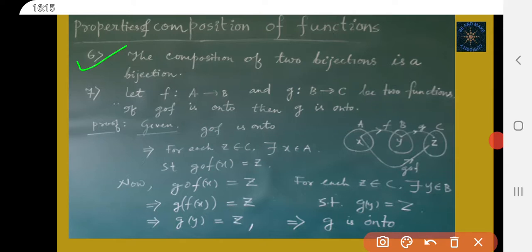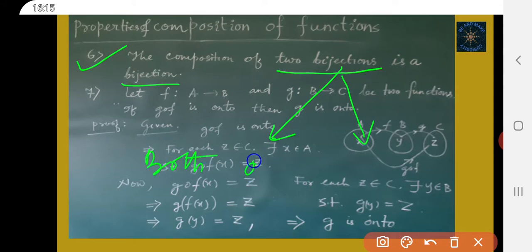Property 6. Here the composition of two bijections is a bijection. Bijection means the function is both one-one and onto.